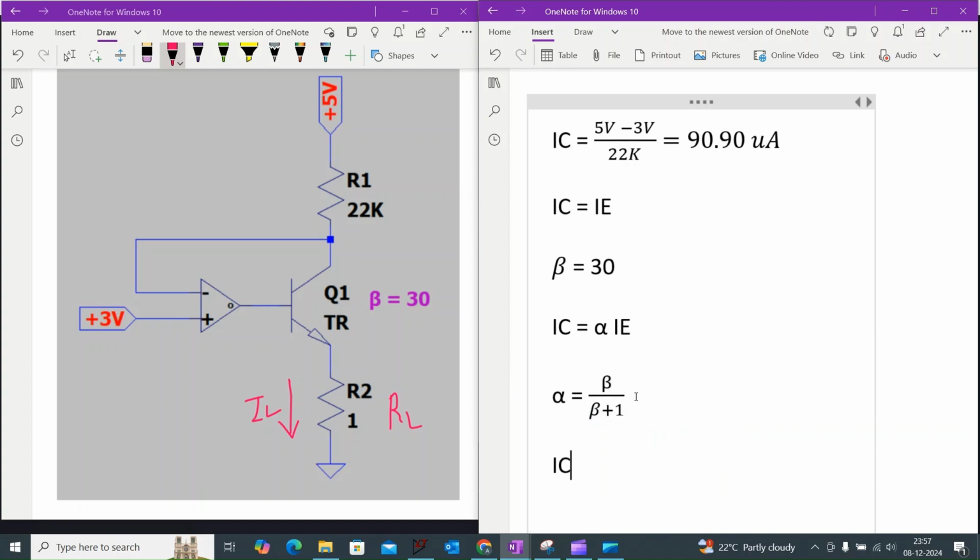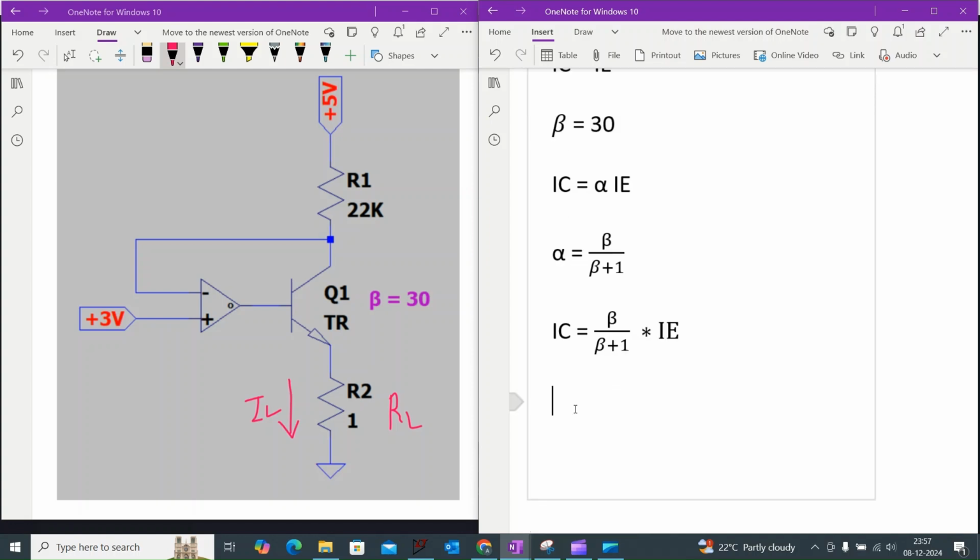So IC is equal to beta divided by 1 plus beta into IE, and that means the emitter current IE is equal to beta plus 1 divided by beta into IC.